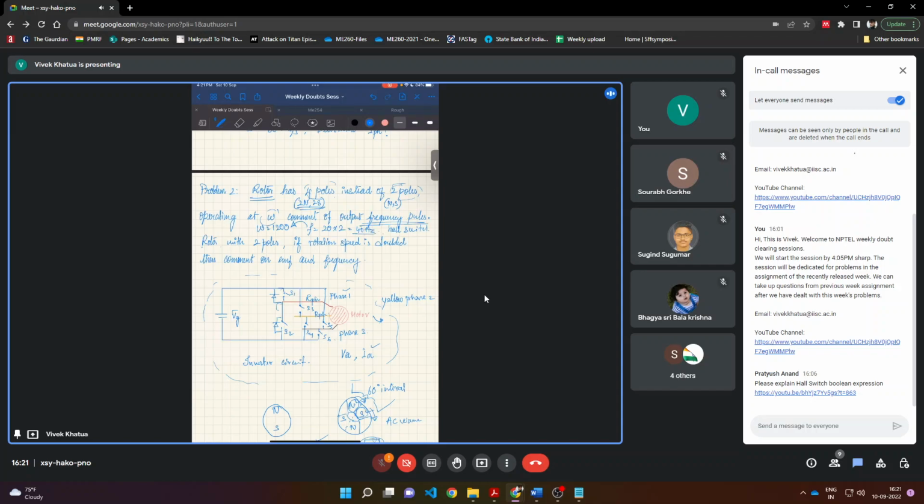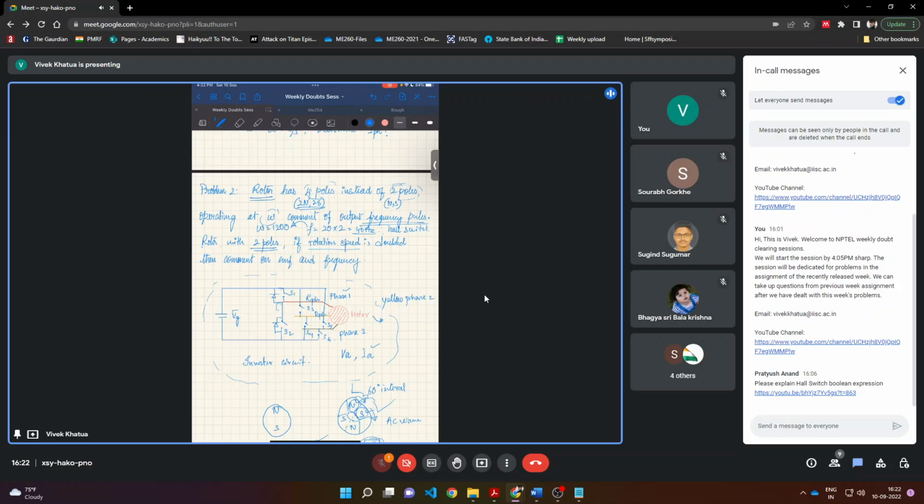Then there we have another question where let's take the rotor as a standard rotor where you have two poles. Now I'm increasing the rotation speed, angular velocity. I'm doubling it.